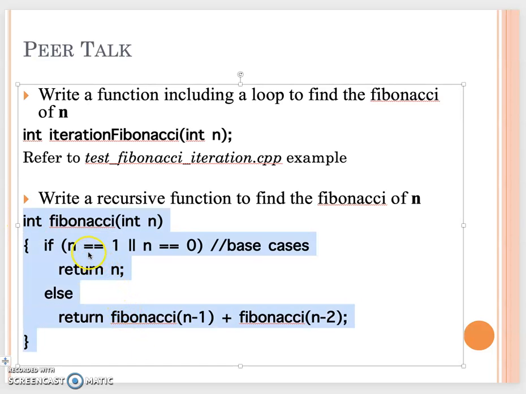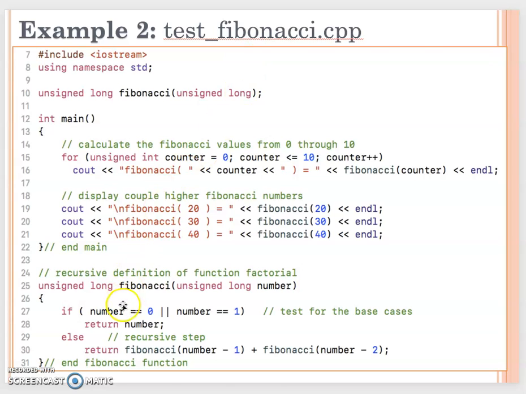If n equals 1 or n equals 0, that's the base case, so we return n. Otherwise, we call the Fibonacci function again to return Fibonacci n minus 1 plus Fibonacci n minus 2. That's our Fibonacci recursion function.